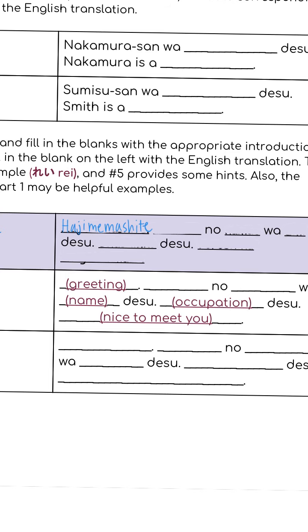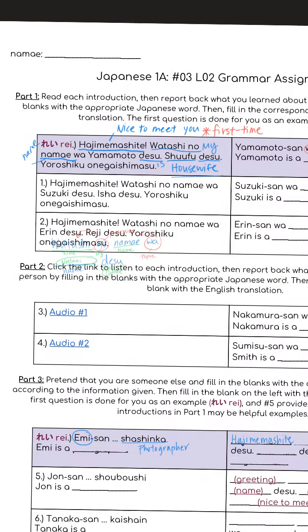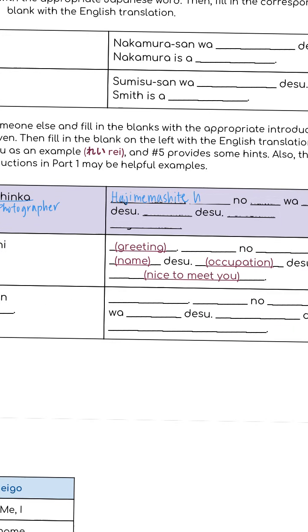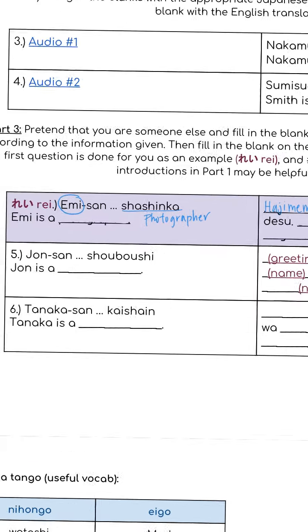So, you can use part 1 as an example. So they start off by saying their name. So we're gonna want to say watashi no namae wa.